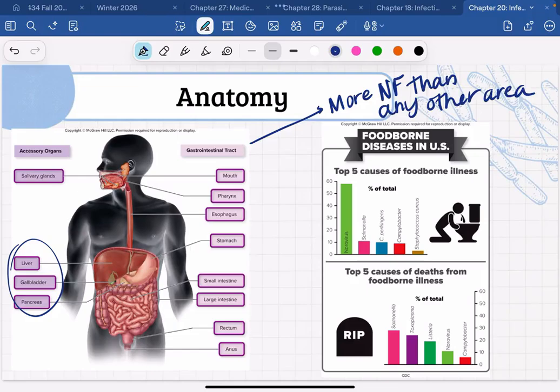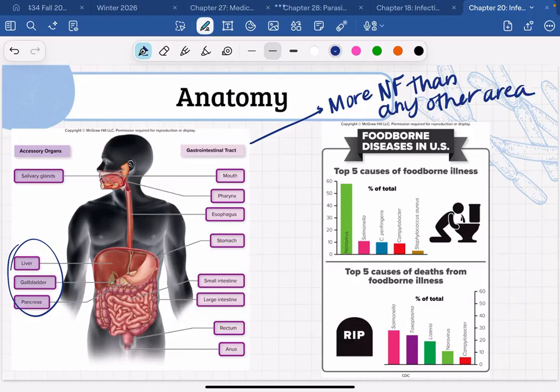And we've talked about before how the gut microbiome in particular, in recent years, has been attached to so many different things. It's thought that autism can be linked to the gut microbiome. Like your heart problems can be linked to your gut microbiome. Alzheimer's, all kinds of stuff is coming out. That your gut microbiome is a huge part of your health. So the GI tract has lots and lots of normal flora in it.